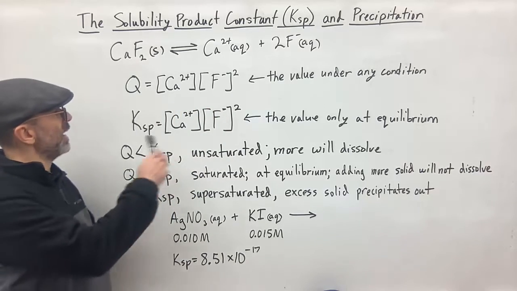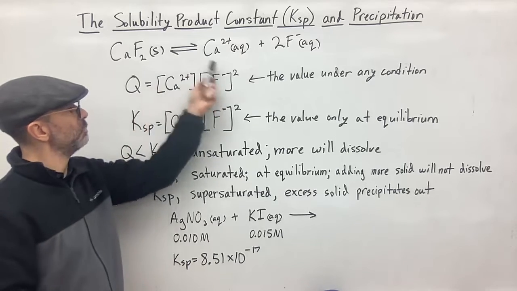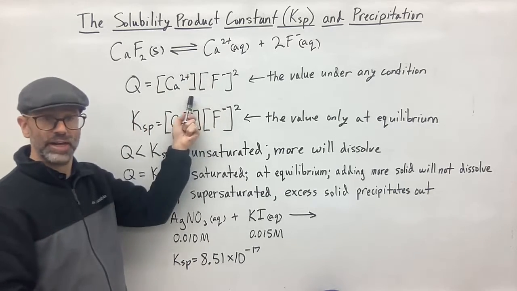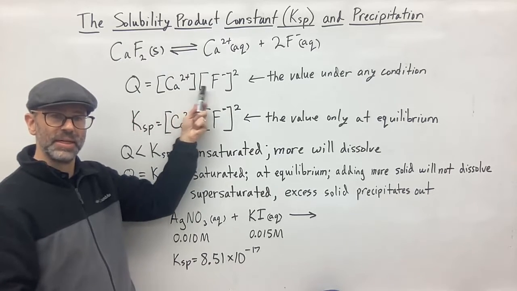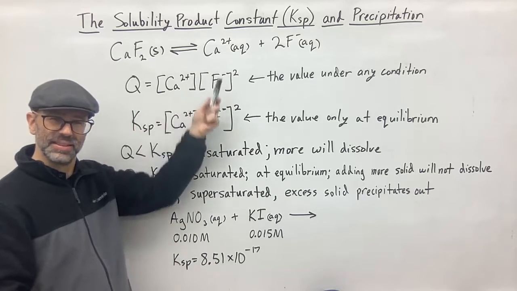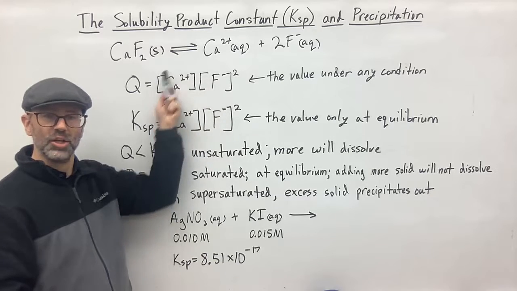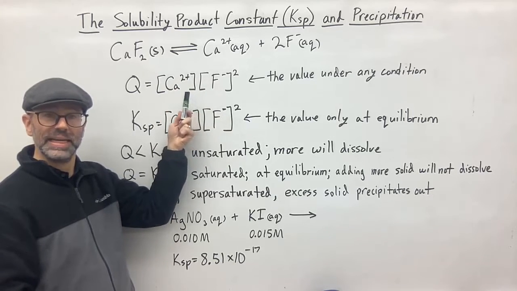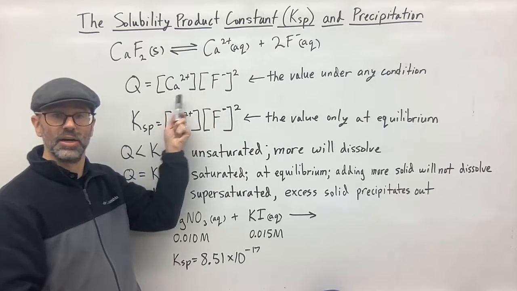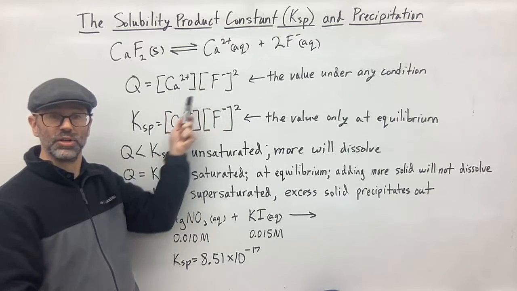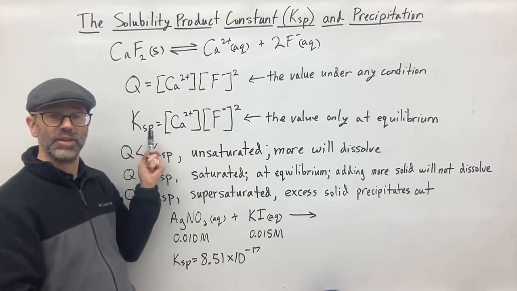That means it's going to have to shift to make these larger. If your Q value is smaller, then these are too small. You don't have enough of these in solution, so you have to increase your ions in solution in order to reach the value of KSP.